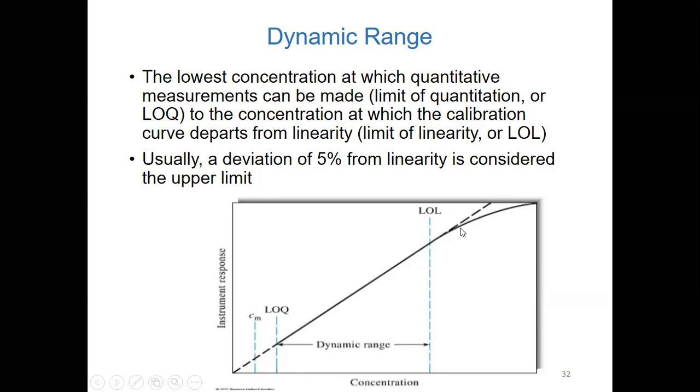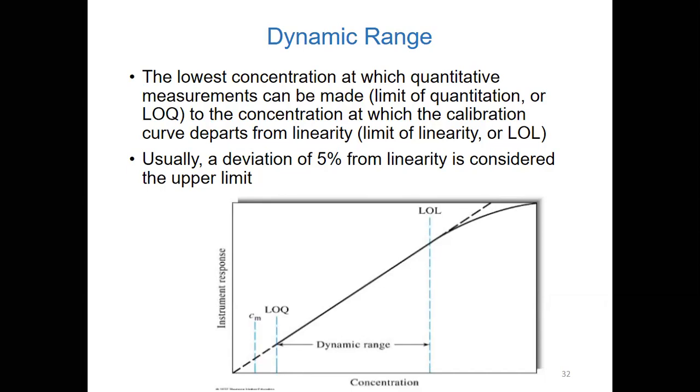The limit of linearity is the deviation of 5% from the linearity. For example, just think about the UV measurement. In the UV calibration, Beer's law is obeyed between 0.2 and 0.7.